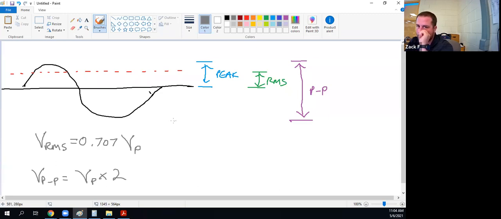So the question said, I got a peak to peak value of 83.5 volts. And I want to know what VRMS is. The VRMS is going to be 0.707 times something, right?